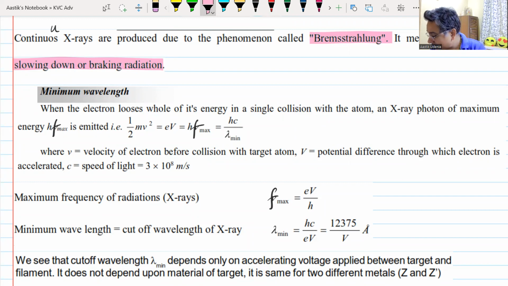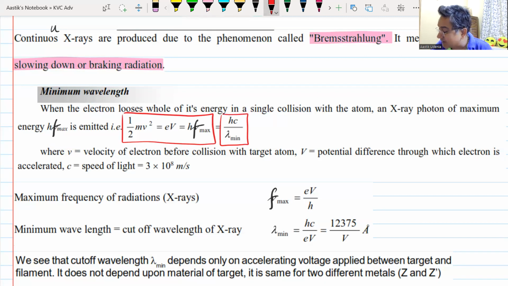Now, depending on the kinetic energy, if the electron loses its entire kinetic energy in this way, the X-ray which will be produced will have maximum energy. Do we understand this? This maximum energy will have maximum frequency, and this maximum frequency X-ray will have minimum wavelength.